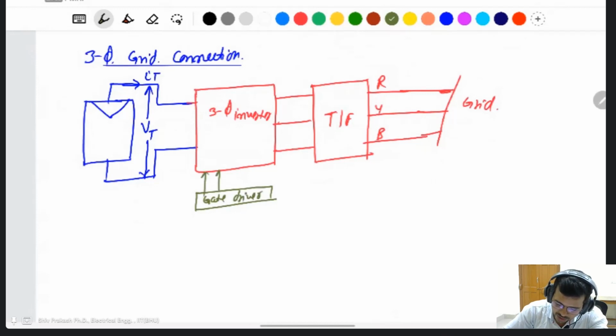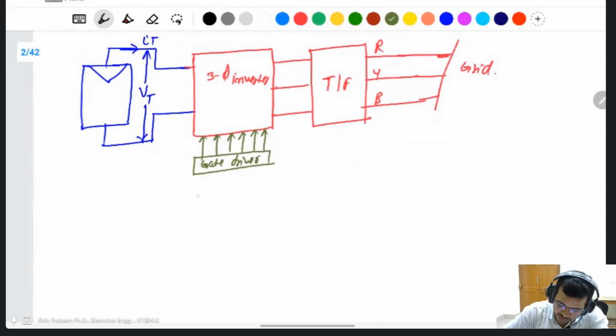We have a requirement of 6 switches. In one leg, I have 2 switches. In a three-phase inverter, with 3 legs R, Y, B, there will be 6 switches. Sometimes a gate driver has one input and one output, but some gate drivers have one input and two outputs, complementary outputs, one positive, one negative.